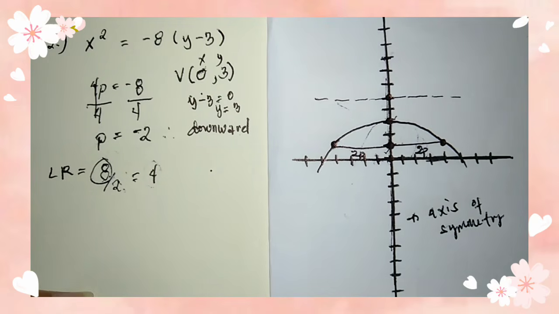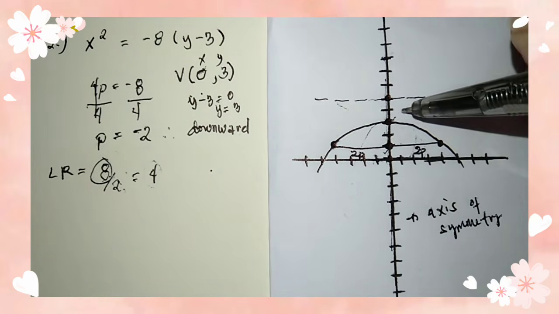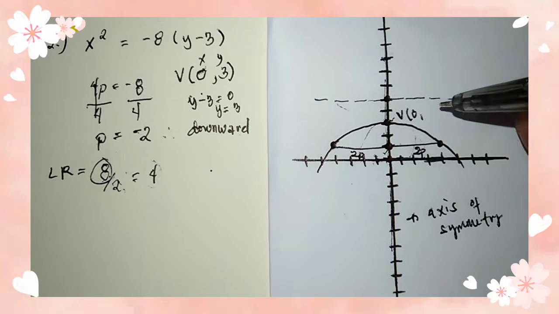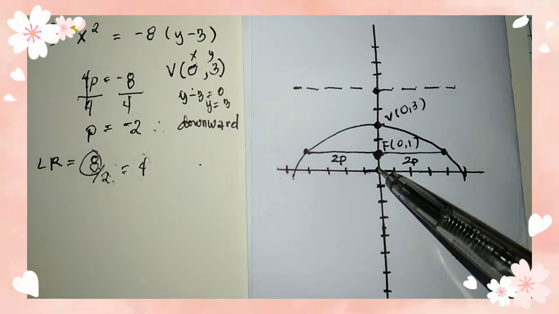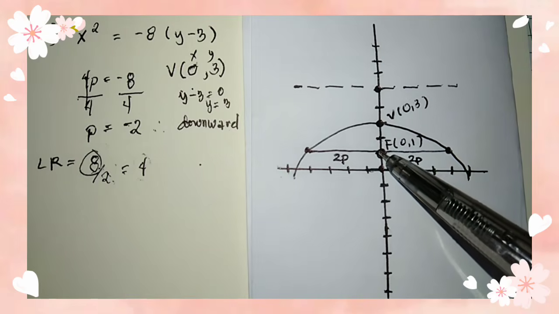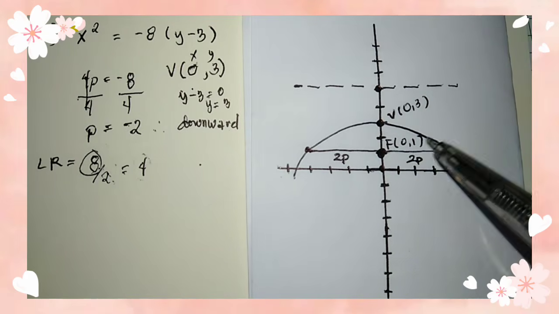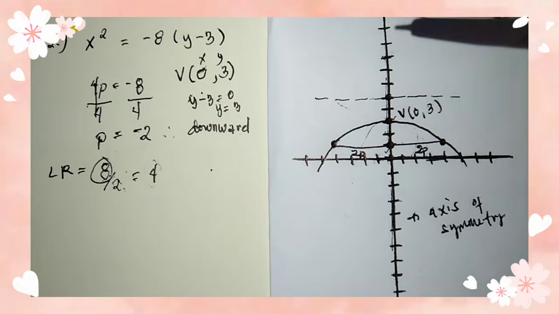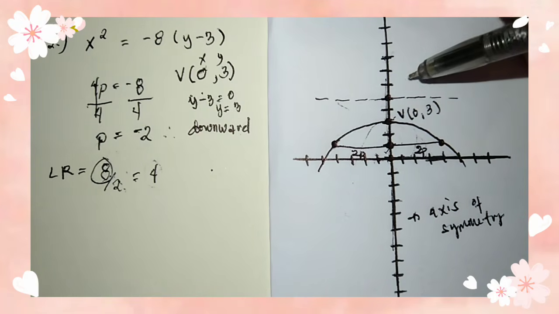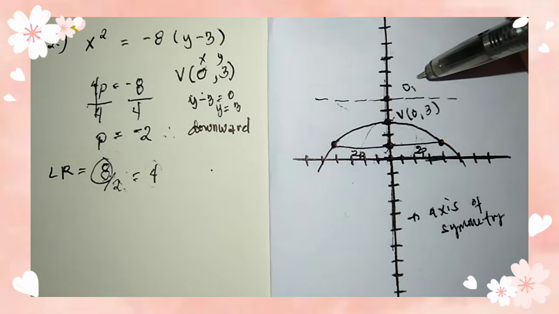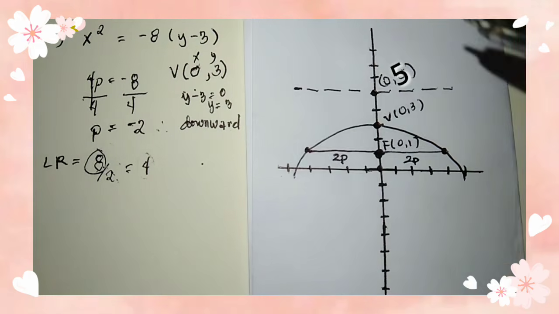So, let's put in their coordinates. Our vertex is (0, 3). Our focus is (0, 1), since from the origin we counted 1. Our directrix, from the origin 1, 2, 3, 4, 5, is at (0, 5). Next are our endpoints.